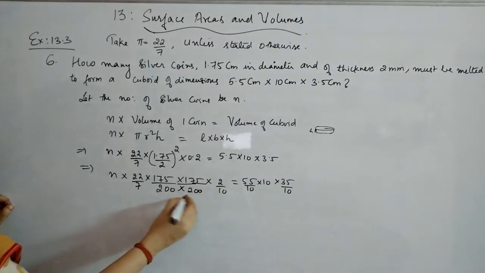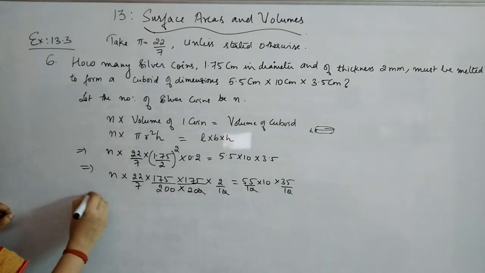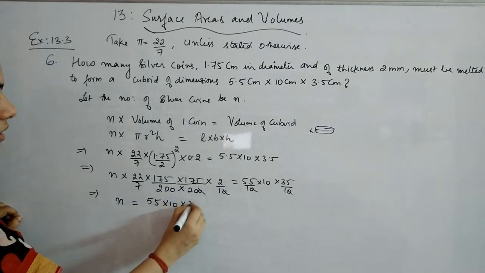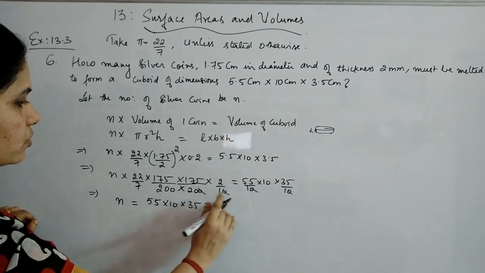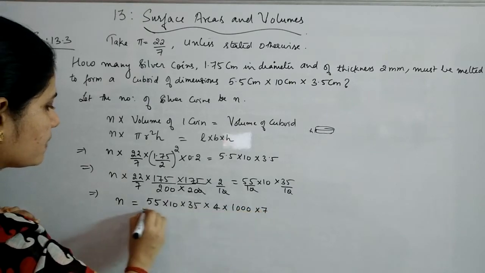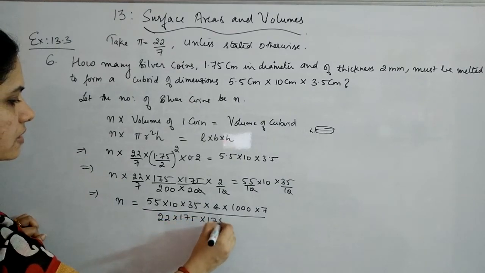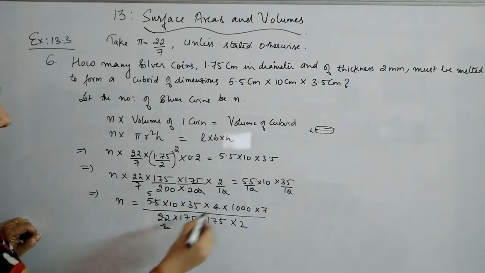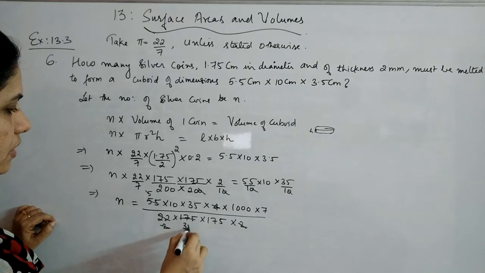So when you see here, 1 and 2 cancel. Here you have 3 zeros. So now what is n equal to? 55 is there, 10, 35, and the remaining thing which will go there is 2. This 2 into 2 is 4, and here you have 3 zeros, 1 2 3, and a 7, divided by, in the denominator, 22, 175, 175 and 2. So after cancelling, what you will get: 5 into this will give you 35, cancels.